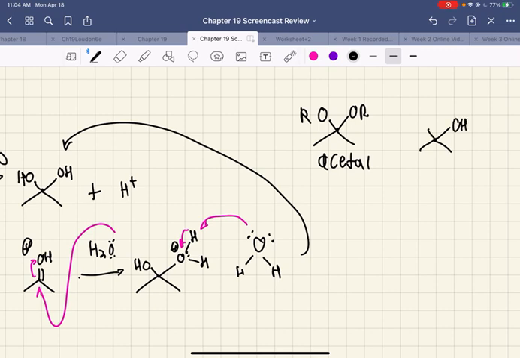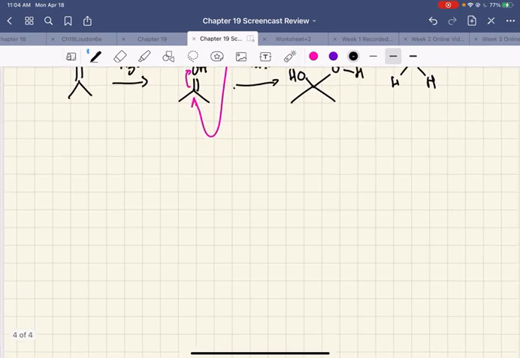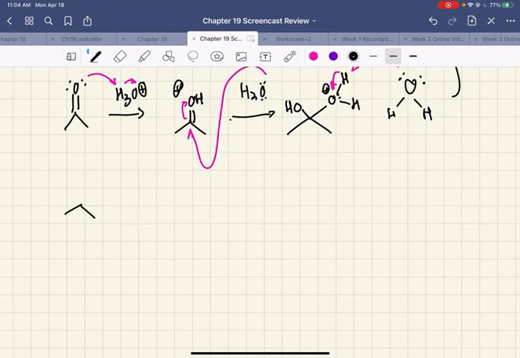And this would be a hemiacetal or hemiketal. Let's take this cyclohexane bound to an oxygen.